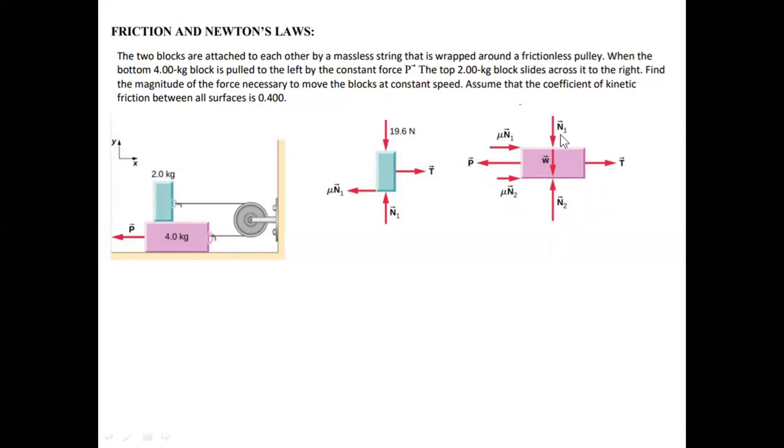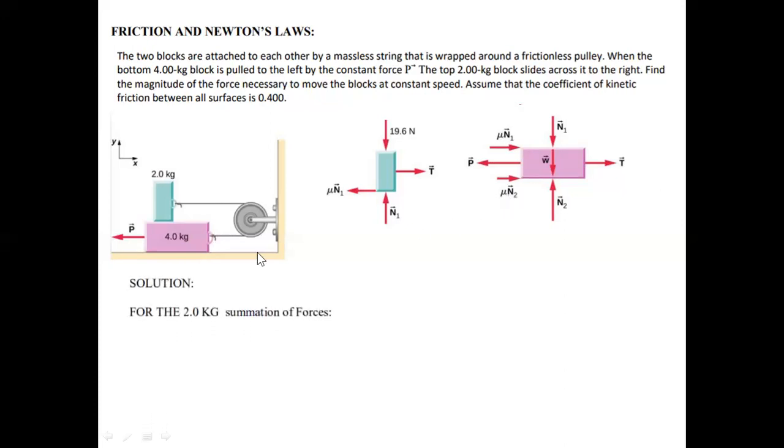And then we have the normal force pointing downwards for this one, which affects the second block, or 4 kilogram block. And then we have the normal force for the whole system as N2. And then we have the tension here, which is affected by force P. We have the coefficient of friction here, since this moves towards our left, opposite for the first block as mu N1 and the second block as mu N2.